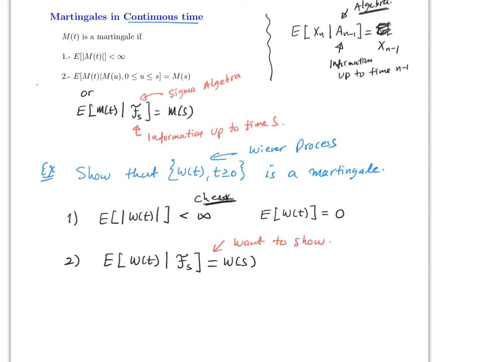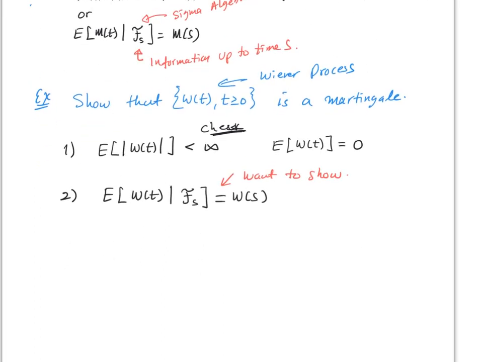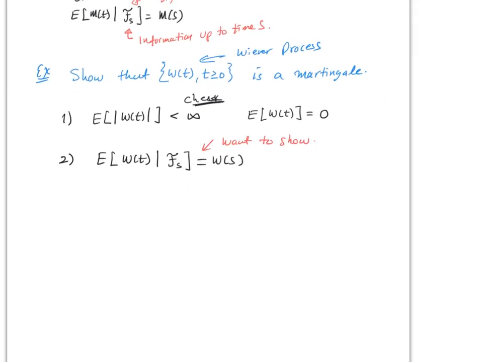Now we're going to use the same trick again, and remember that if we have W_t, you can rewrite it as W_t minus W_s plus W_s. Here the increments, which will be this and this, are independent, so W_t minus W_s is independent from W_s.